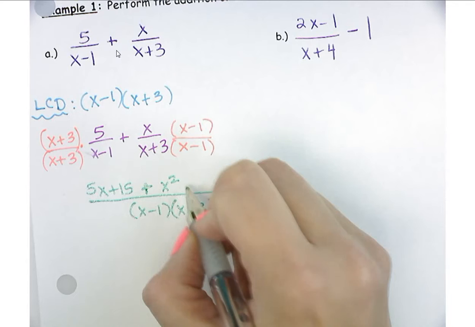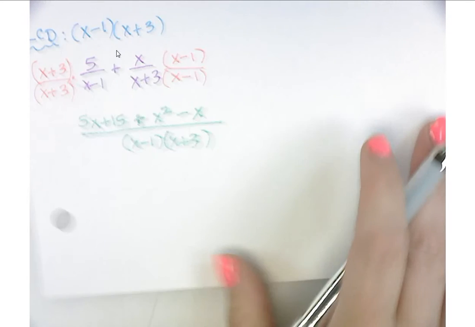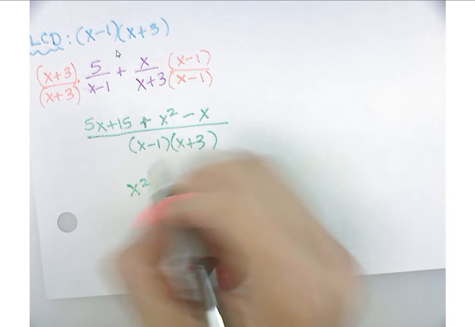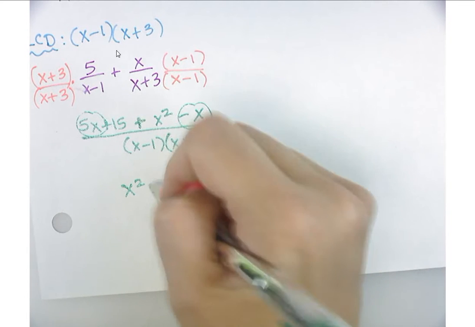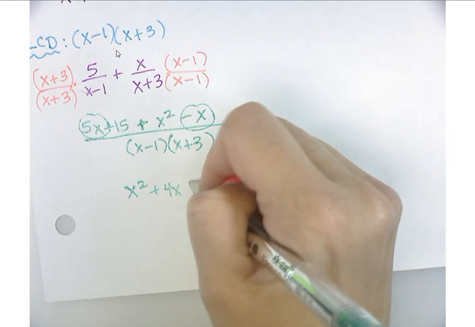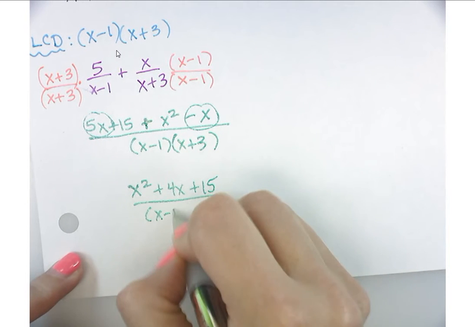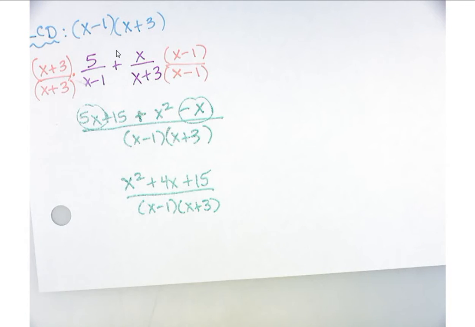X times negative 1 is going to be negative x. And then from there, you're going to simplify. To simplify, you're going to combine your like terms. So I have x squared, no other like terms, but I have 5x minus x, which is going to be 4x, and then I have positive 15. Okay, now if you can factor, then you do want to factor.